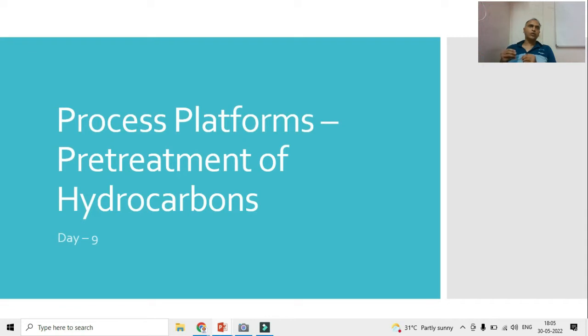So be it offshore or be it onshore, because we know that these hydrocarbons are extracted from onshore facility as well as offshore facility, and our course is related to offshore. But primarily for onshore or offshore, this particular segment which we are going to study from today onwards, that is the treatment or the processing, is the very important and crucial part, and we are going to understand what actually it means by processing.